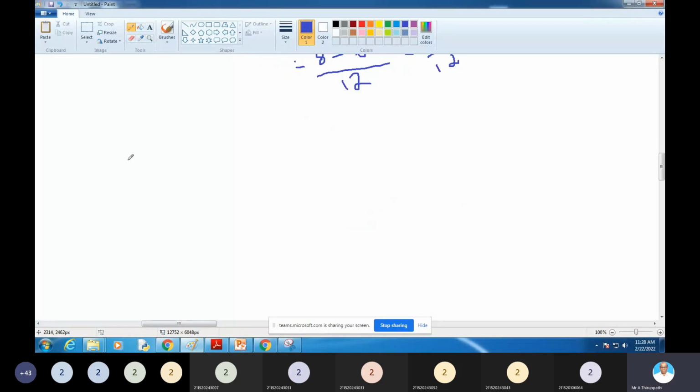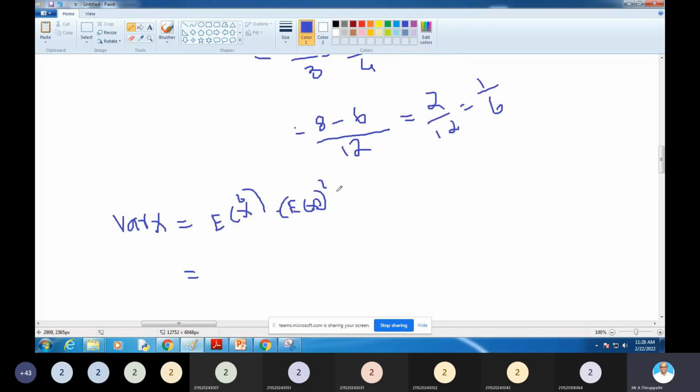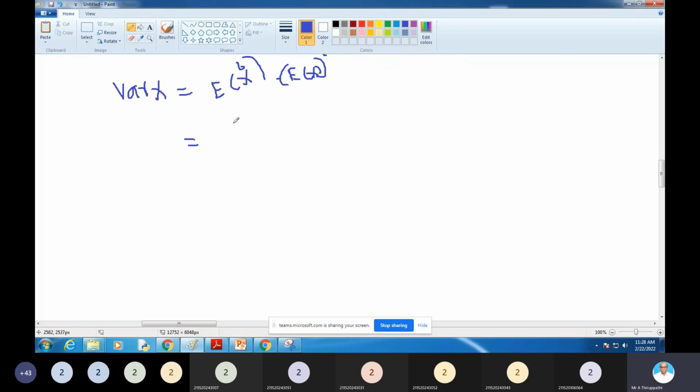What is the formula? Variance of x is equal to expectation of x square minus expectation of x the whole square. E of x square is 1 by 6, E of x is equal to 0, and 0 square is 0 only.